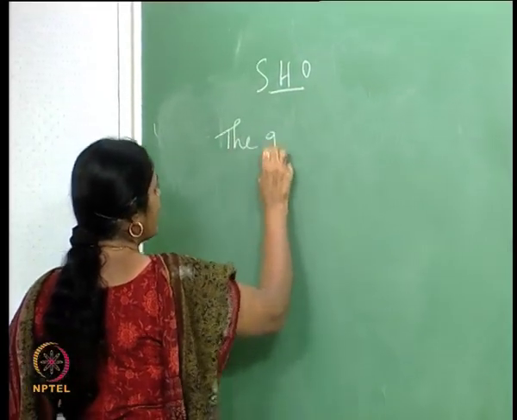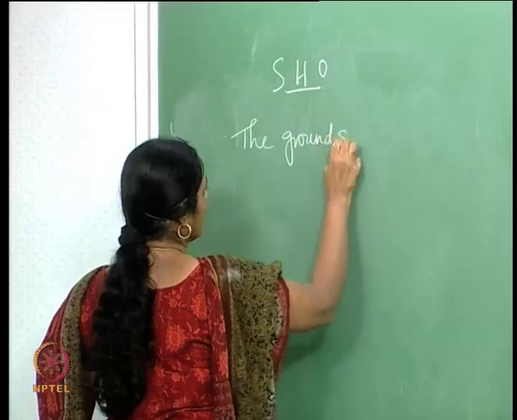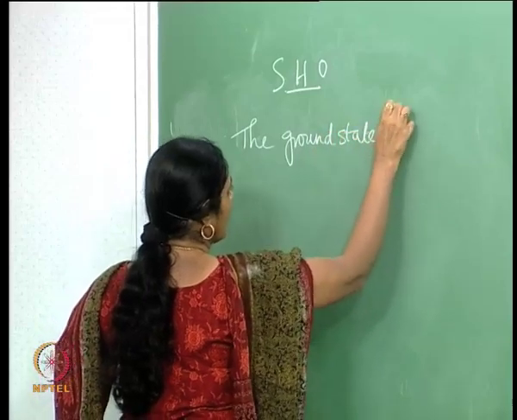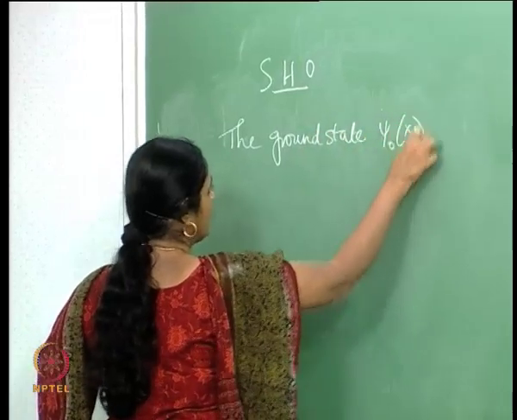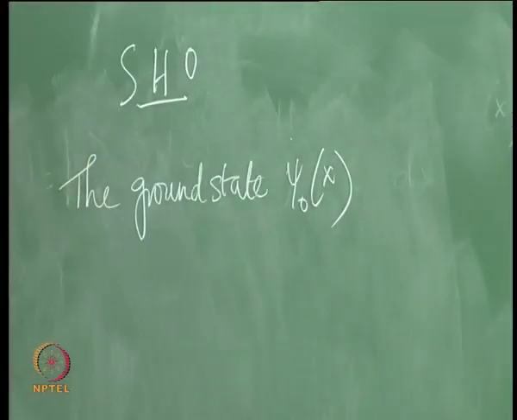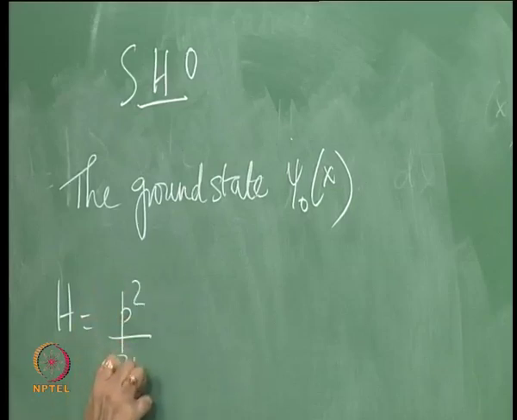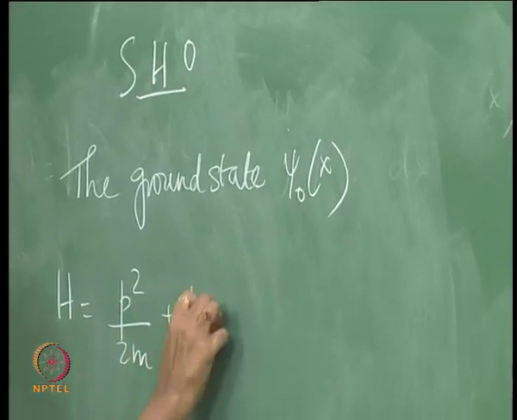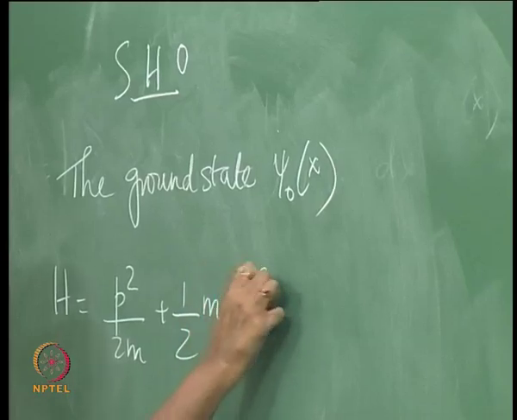Consider the ground state psi 0 of x. You will recall that the Hamiltonian was p squared by 2m plus half m omega squared x squared.